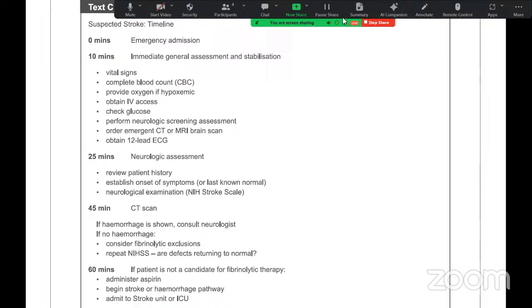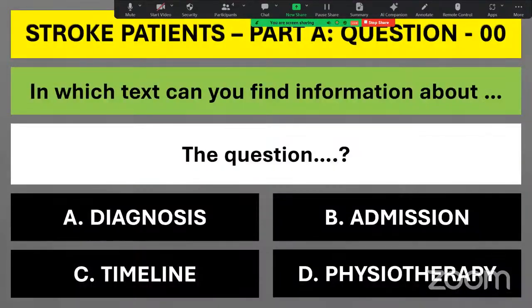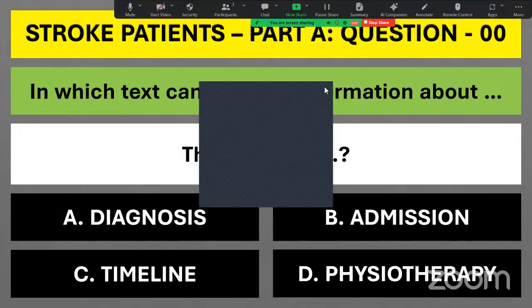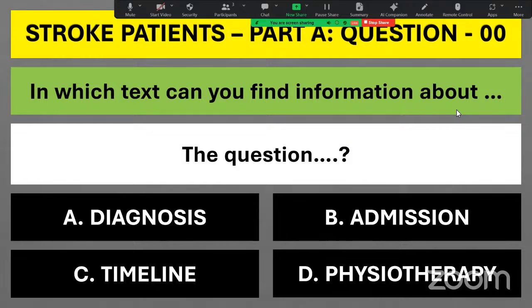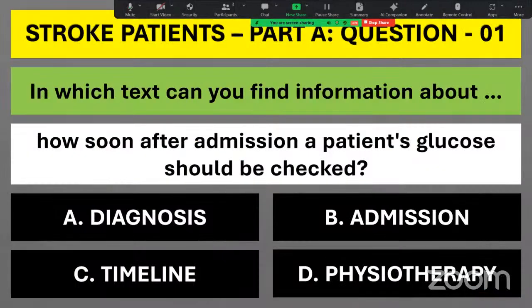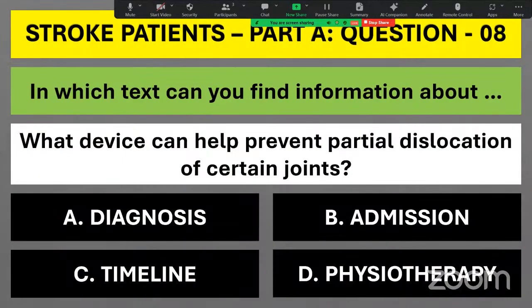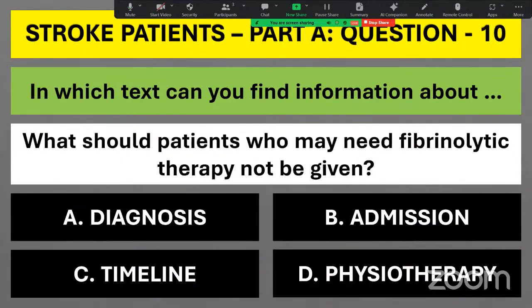Then this is D. This is physiotherapy. So first one is a diagnosis, text A. Admission, text B. Text C is timeline. Text D is physiotherapy. Now we have seen these questions yesterday from question number 1 to 10. This is round 2, question number 8, 9, and 10. We have seen this. 10th question.